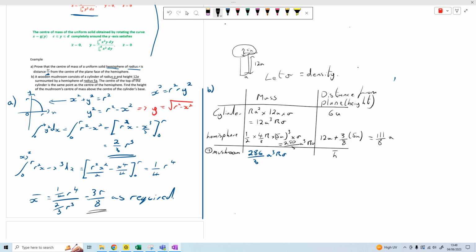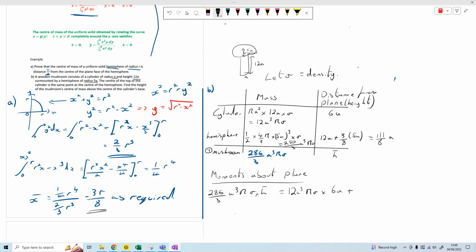Okay, so I'm going to do moments about the plane. Okay, so my mushroom is going to be 286 over 3 a cubed pi sigma times by my h bar. Okay, and that's going to equal these two things. So the first one's going to be 12 a cubed pi sigma times by 6a.